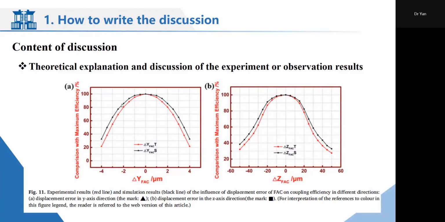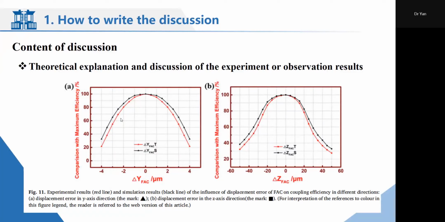The red line here is Δy_T, where T always refers to the test, which means the experimental results. And Δy_S, the S is for the simulation. So it's the results from the experiment and the simulation.